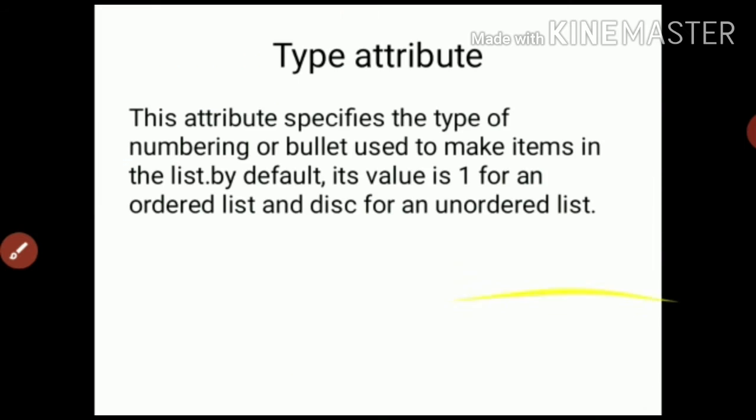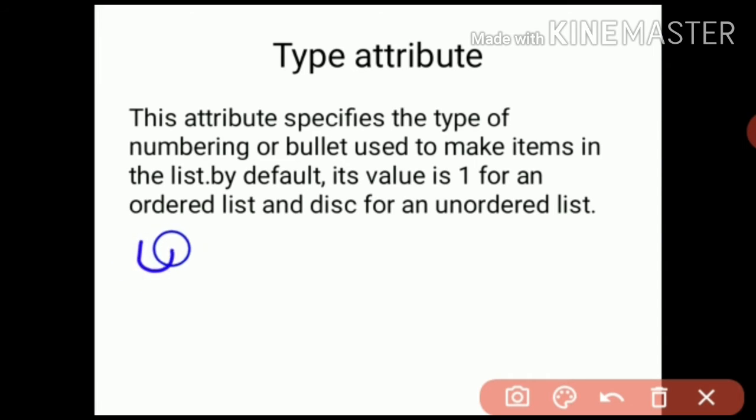All right. Now the type attribute. This attribute specifies the type of numbering or the bullet used to mark items in the list. By default we know that it will always start with the value one, or the default for the unordered list is disc. What is the meaning of disc? This is your circle and this is your disc.